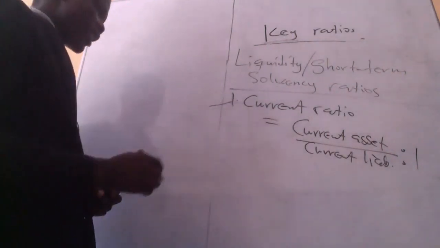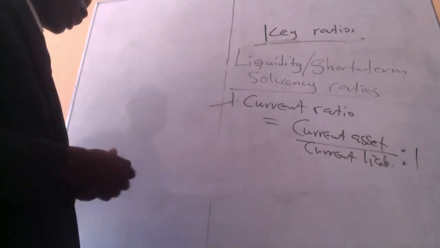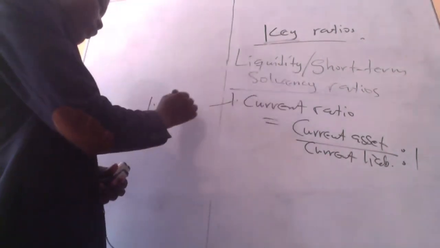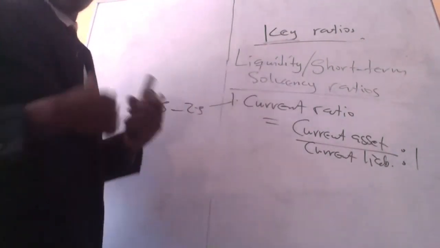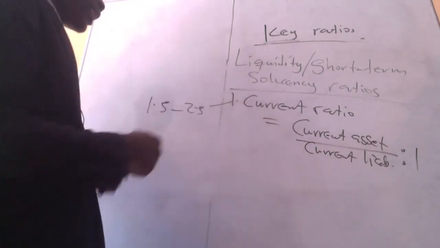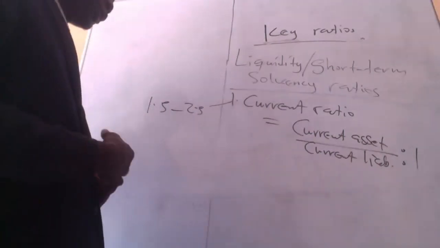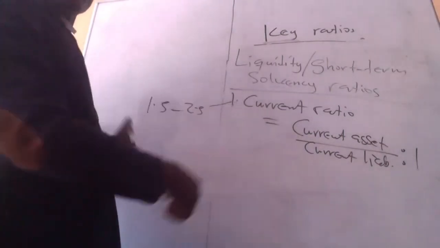And here some of the industrial averages or benchmarks have been assigned for it. The benchmark will be 1.5 up to 2.5. And here, the higher the better, the reverse is true. Just that too much of it is not good. Too much of it means that you have a lot of current assets.